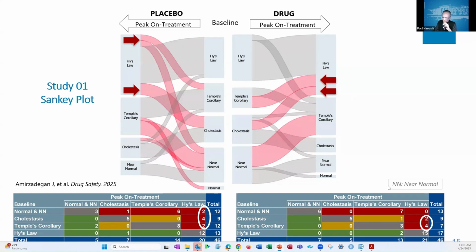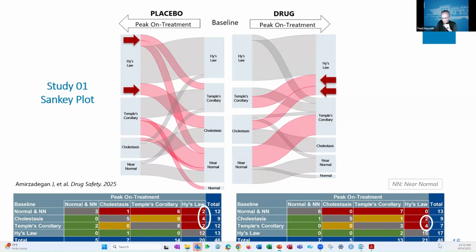Anyway, so this is a cross table. Patients on drug over here, placebo over here. The category they started in is on the row headings. Where they end up is on the column headings. So if you think about it, on the diagonal gray, those patients stayed in place. So 6 were normal, and they stayed near normal.